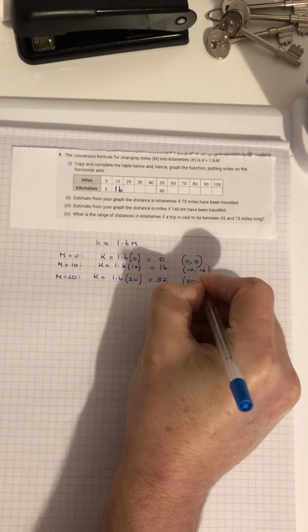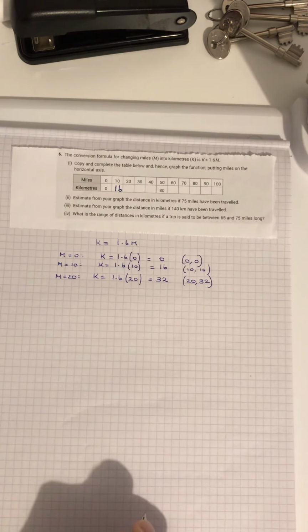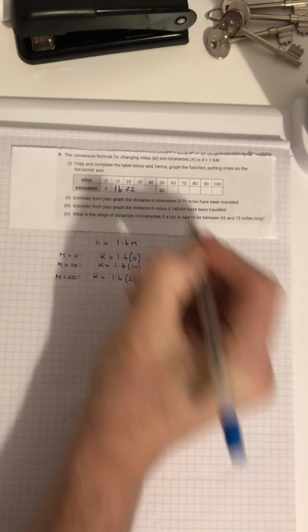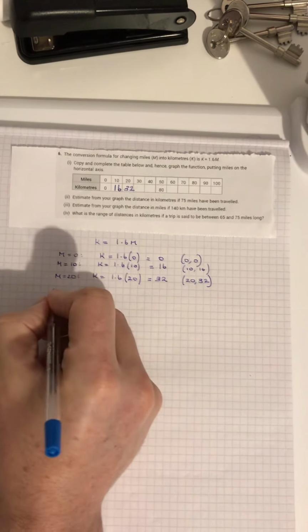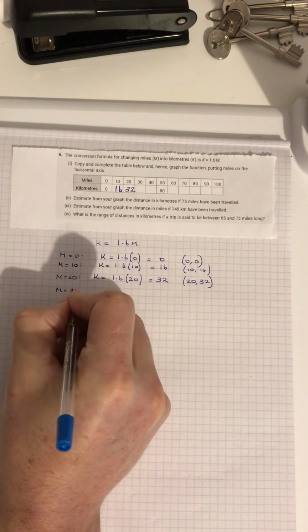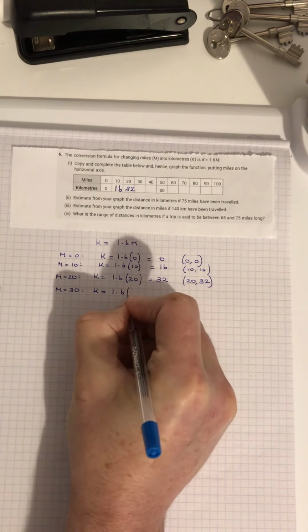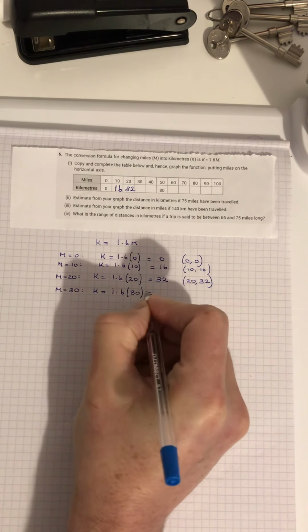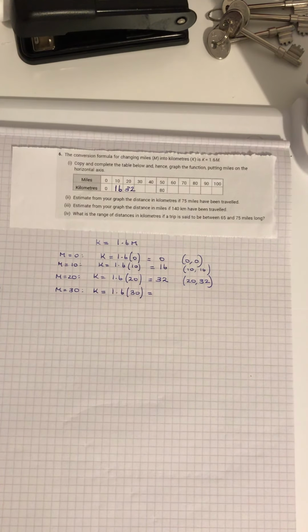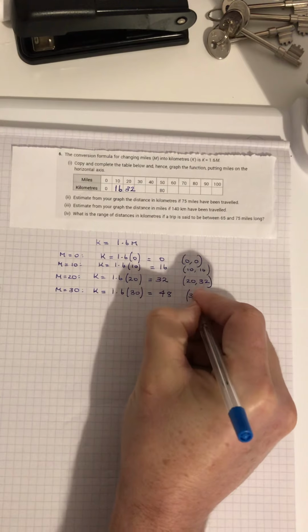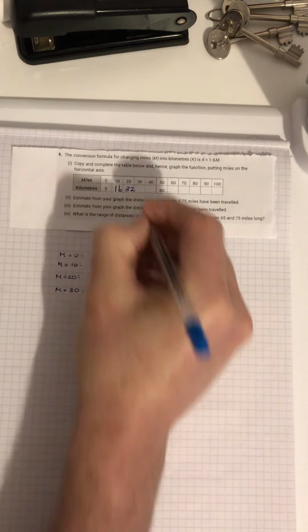So 20 miles is the same as 32 kilometres. If M is 30, K is equal to 1.6 multiplied by 30, and use your calculator for these, which is equal to 48.